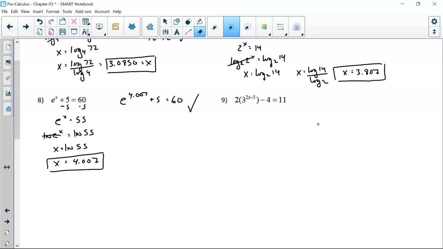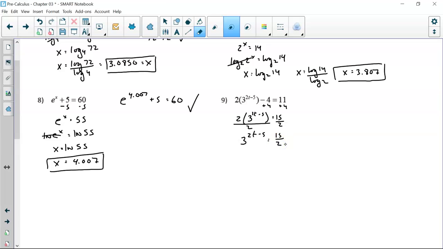For number 9, we want to undo addition and subtraction first. We want to isolate, so add 4 to both sides. 2 times 3 raised to the 2t minus 5 equals 15. Divide both sides by 2. 3 raised to the 2t minus 5 equals 15 halves.